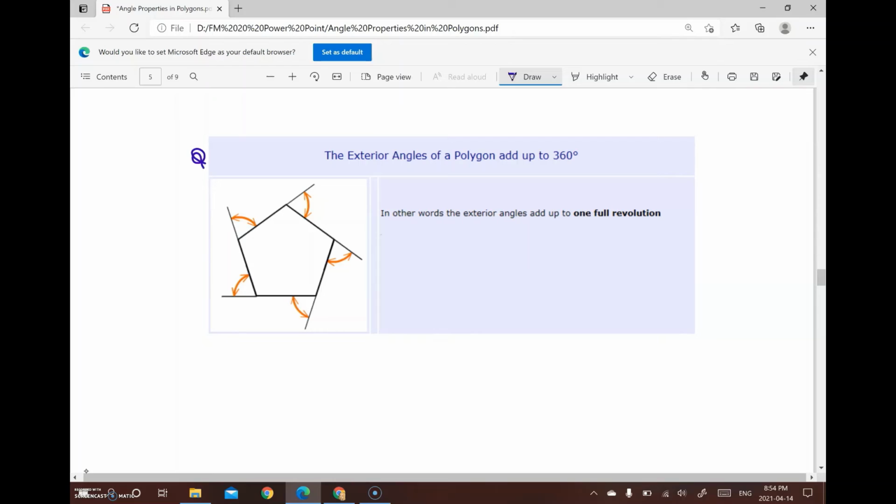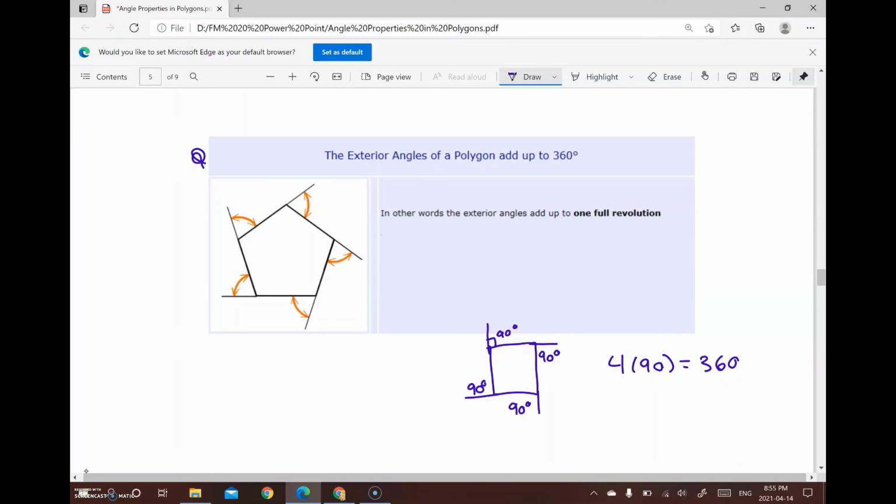Now, here is another informational slide. The exterior angles of a polygon add up to 360 degrees. So in other words, the exterior angles add up to one full revolution. This works for any polygon. If it was a square and we extend our lines to create exterior angles, each one is still 90. 4 times 90 is 360.